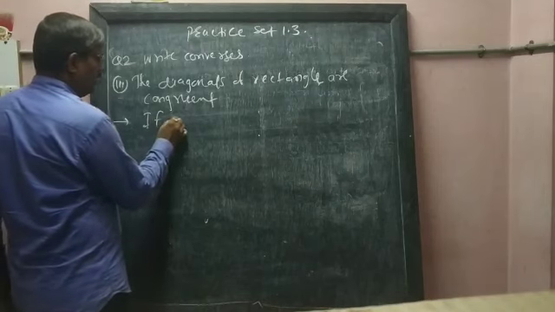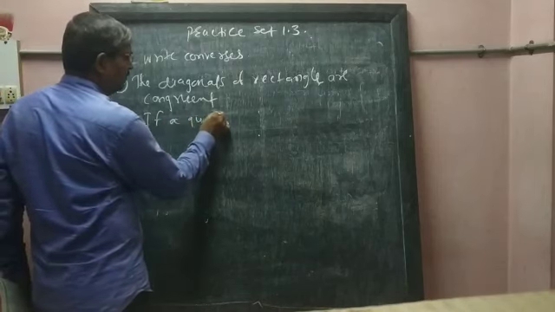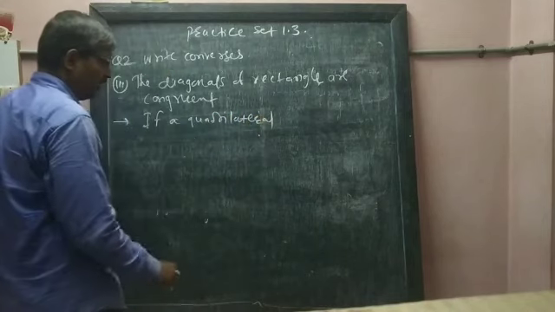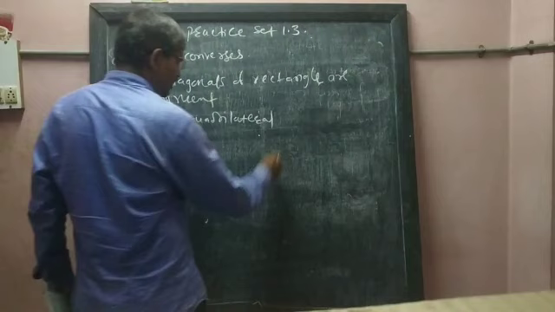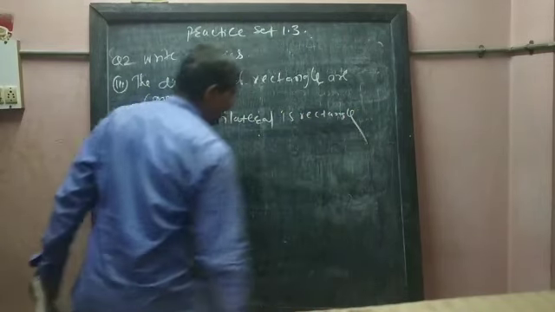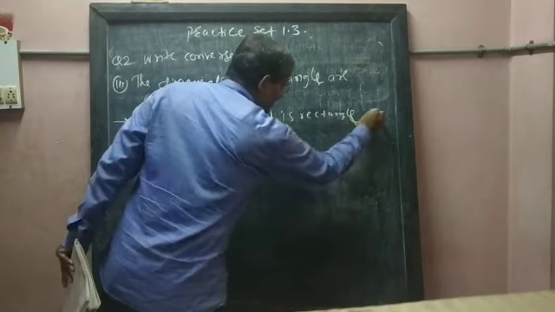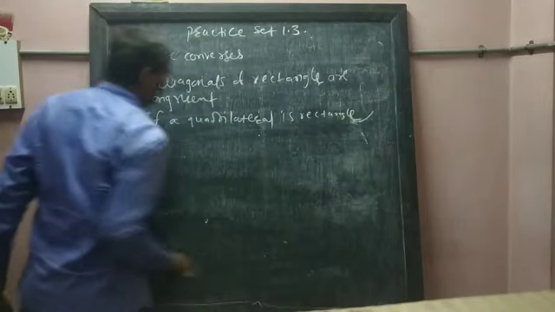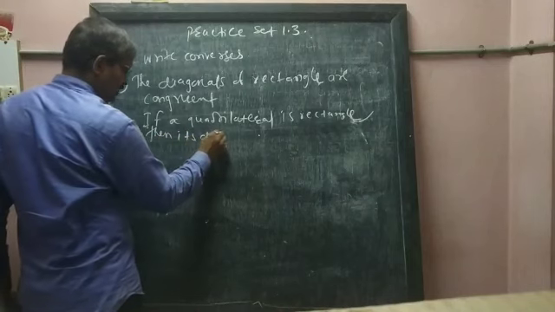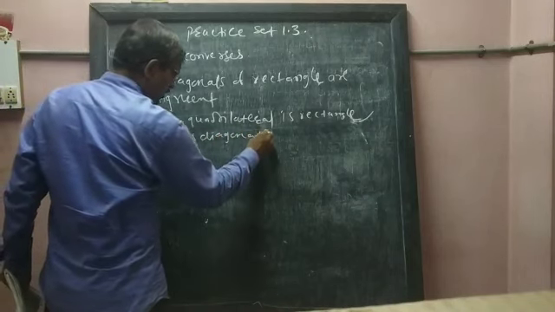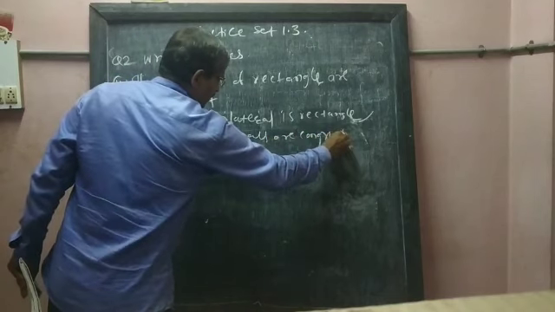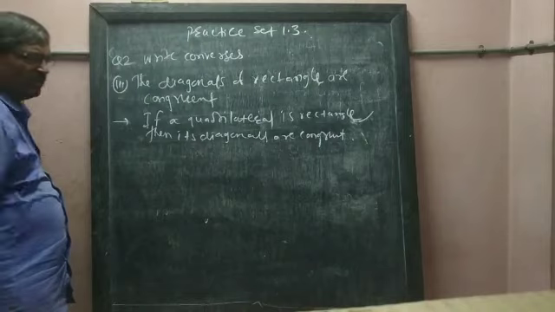If a quadrilateral is a rectangle, then its diagonals are congruent. Okay, so these are converses.